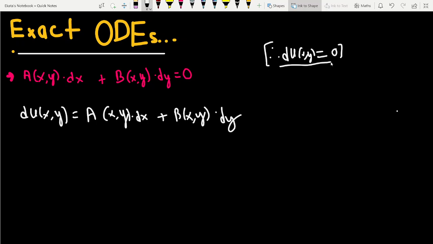First of all, you have to check whether this particular differential is an exact differential or an inexact differential. What are exact and inexact differentials?